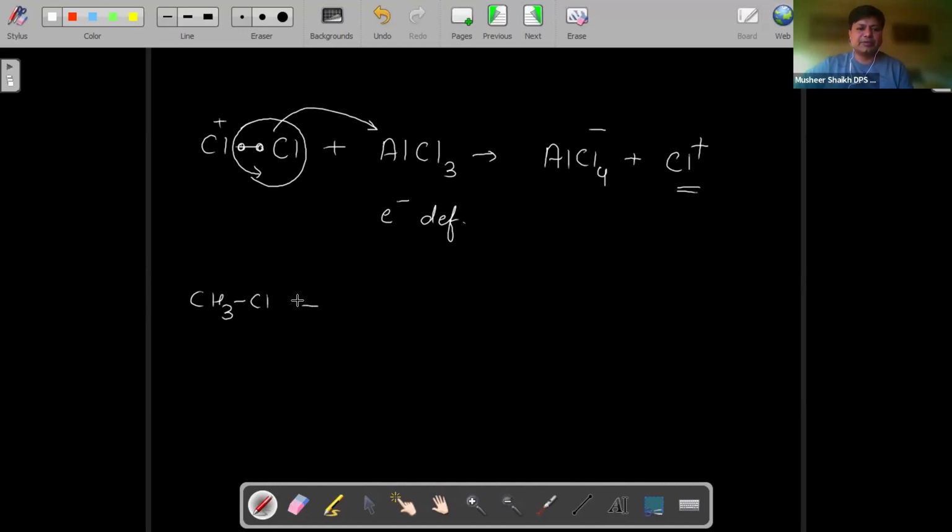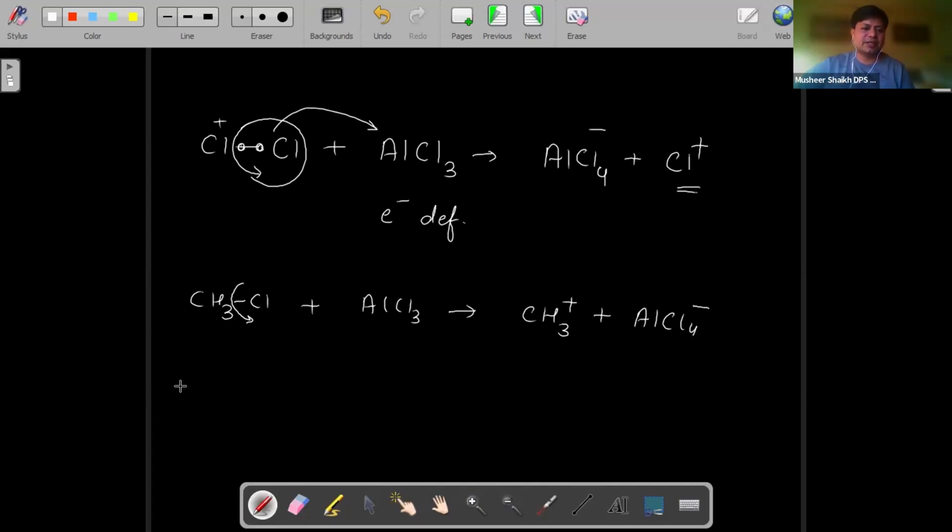Similarly, suppose I have CH3Cl and I react it with AlCl3. What will happen? It will attract Cl minus, and form CH3 plus and AlCl4 minus.